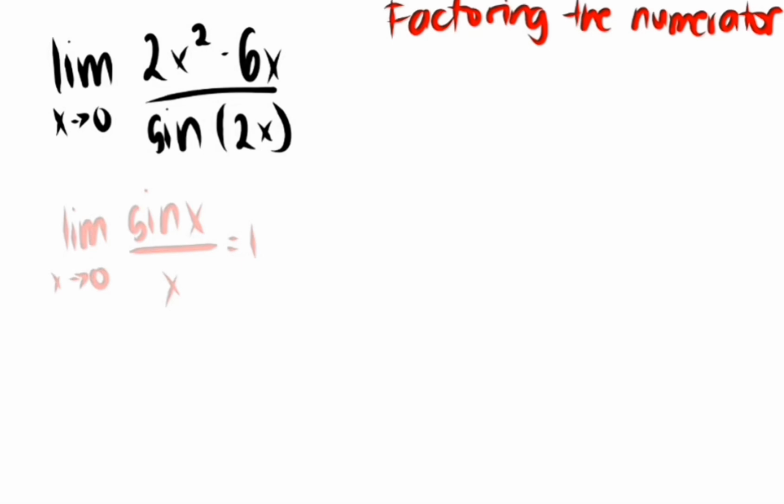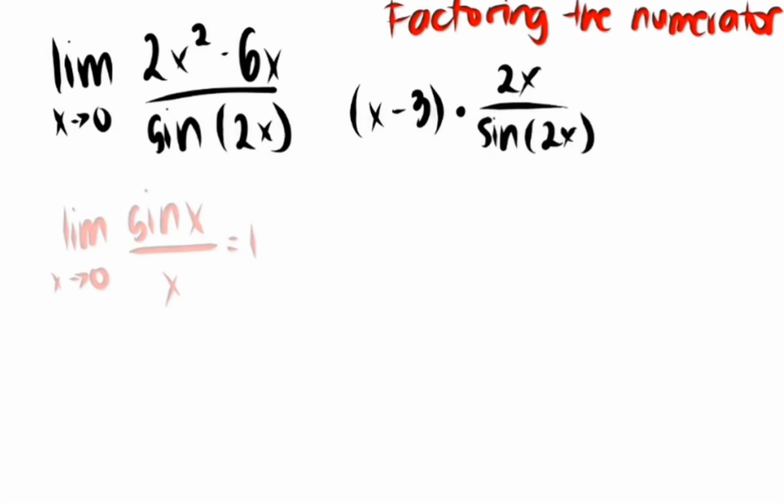From our separated expression, we can now move on to matching the identity from the given (x minus 3) and 2x over sine of 2x. Let's focus here: 2x over sine of 2x.